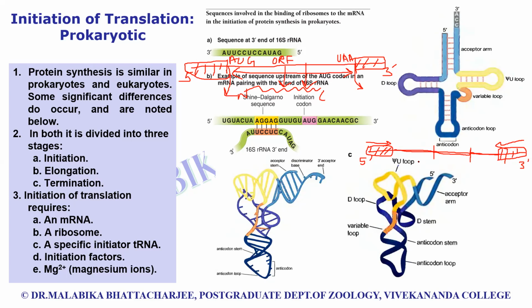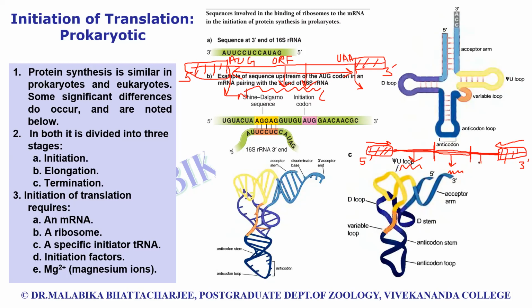Okay, but as I told you, there is a single open reading frame. That is, this particular coding region is coding for one polypeptide. Here what we are seeing, this particular region has been divided into 3 defined segments. Each segment is coding for a polypeptide with different function.